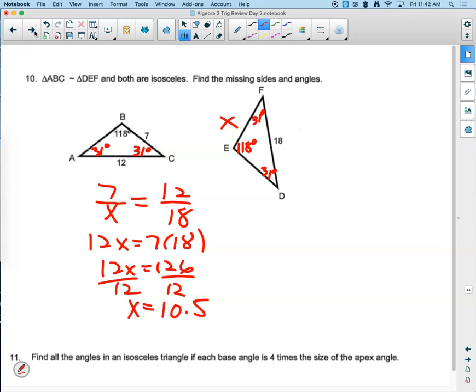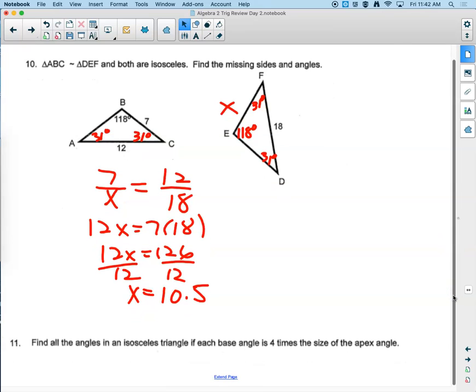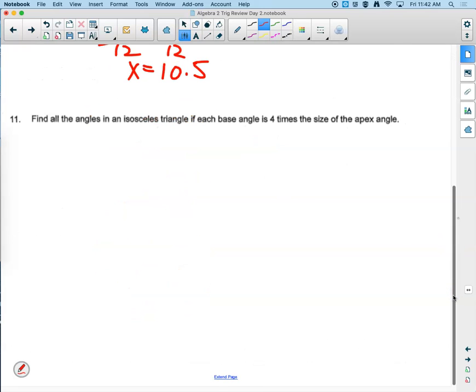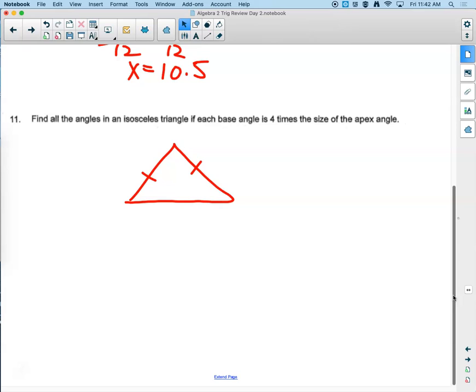Number 11. I don't know, maybe this is too easy and I shouldn't have put it on the list, but let's take a peek at it. Because it uses the word apex, and your geometry book doesn't use apex. Find all the angles in an isosceles triangle if each base angle is 4 times the size of the apex angle. This is the apex angle. It's the one in between the two isosceles sides there, the two sides of equal length.